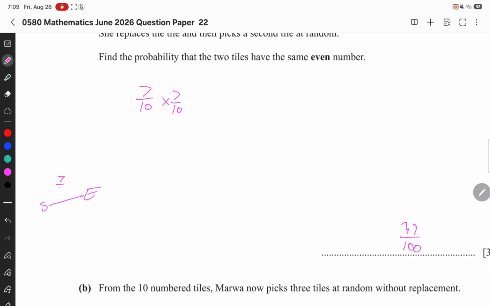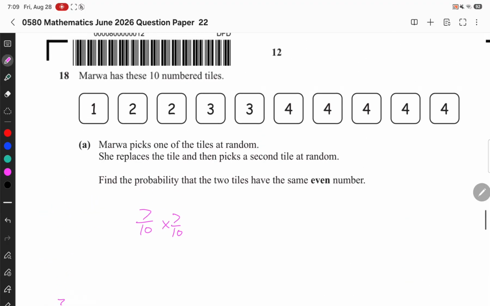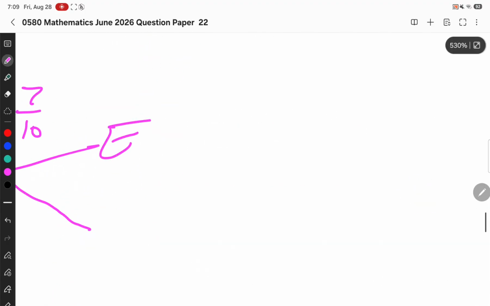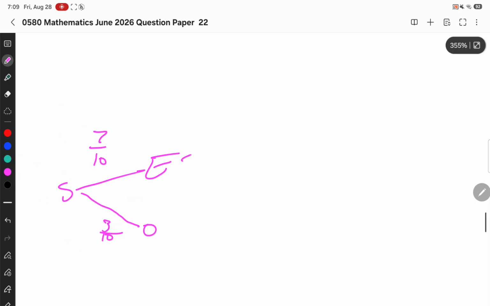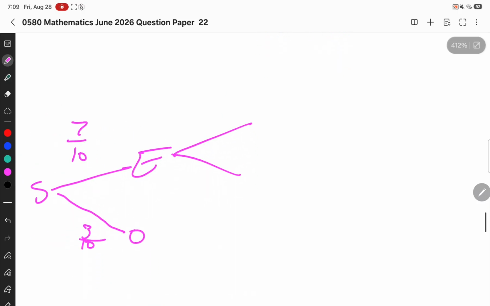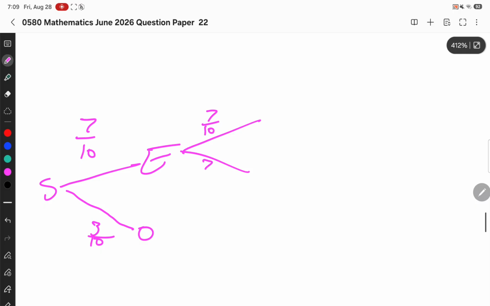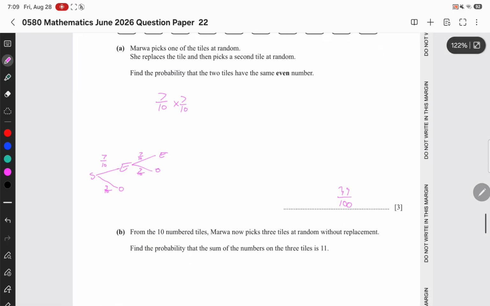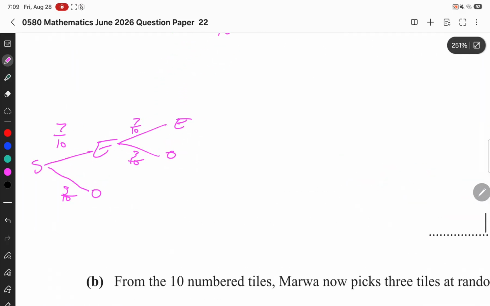Even is 7 over 10 and odd is 3 over 10. And further down, since she replaces it, the odds do not change. 7 over 10, 3 over 10, is odd, even, odd. So hence you get this number. When you go branch by branch, we multiply.